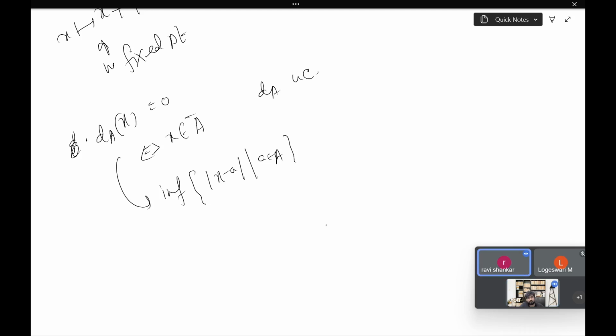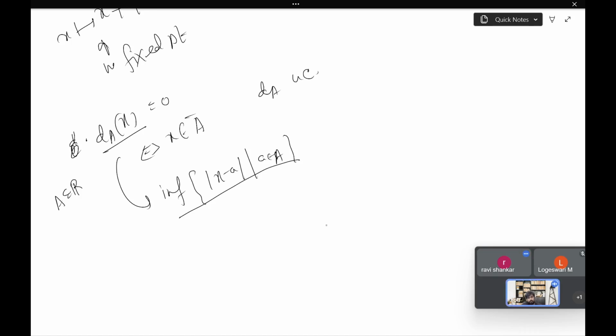Please explain the question once more. I will repeat. The question is: d_A(x) is a function defined as follows: the infimum of |x - a|, a belongs to A, where A is a subset of R. It's the definition of a function. Sir, how do we write the infimum?